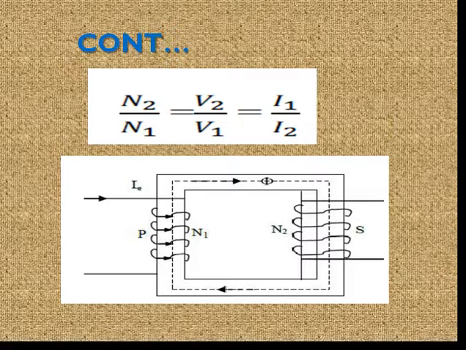As you see in this figure, P stands for the primary winding of a transformer, which is connected to the supply voltage, and S stands for the secondary winding, which is connected to the load, or output winding.